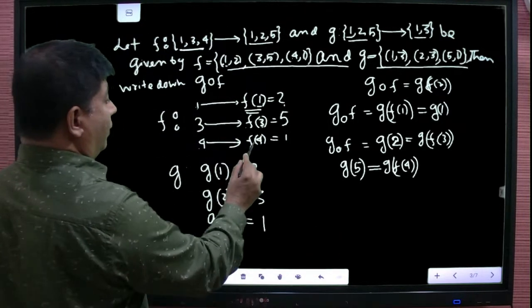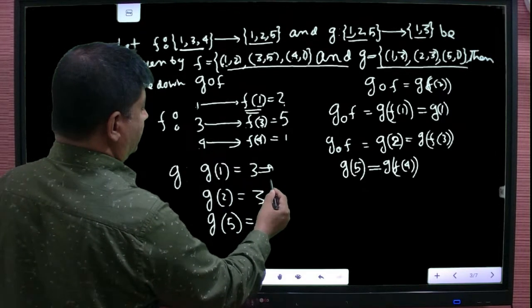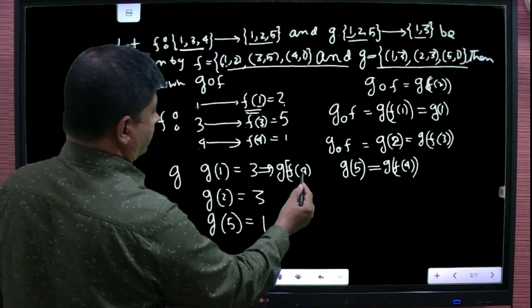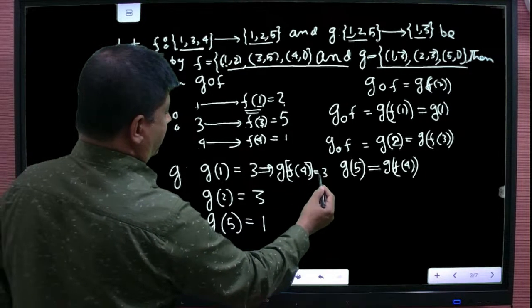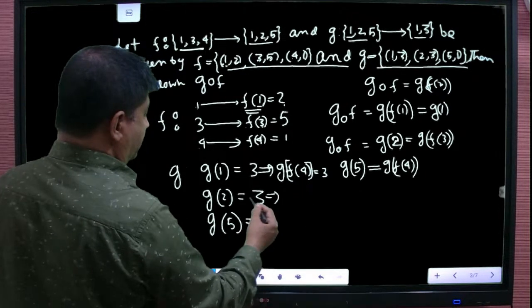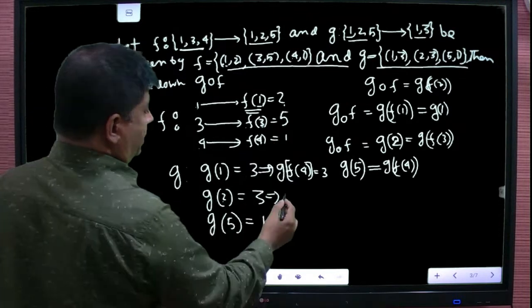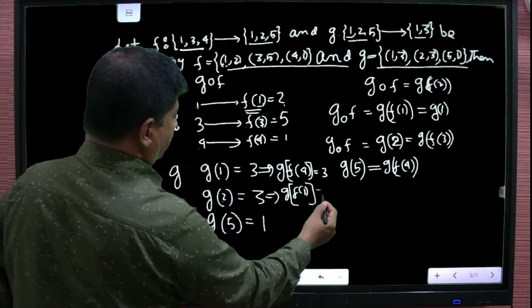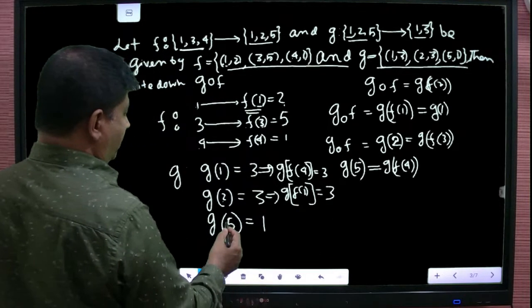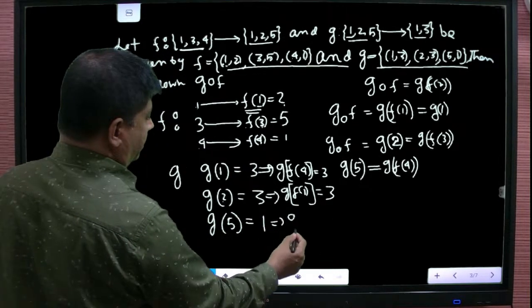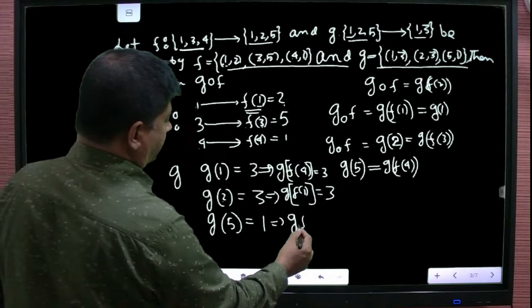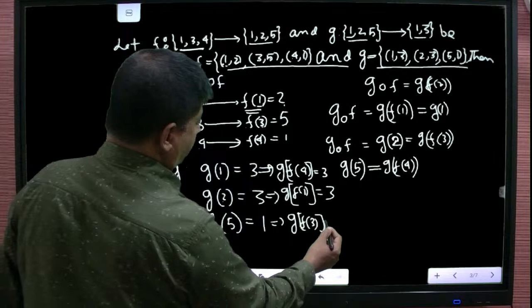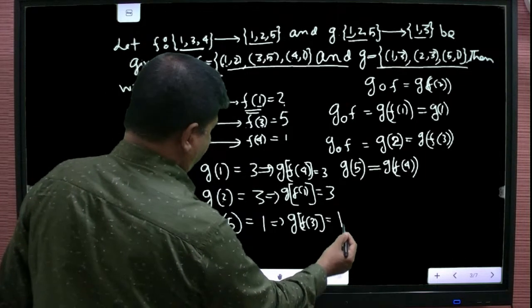Okay, 1 is what? g of F4, that is 3. 2 is what? g of F1, that is 3. 5 is what? g of F3, that is 1.